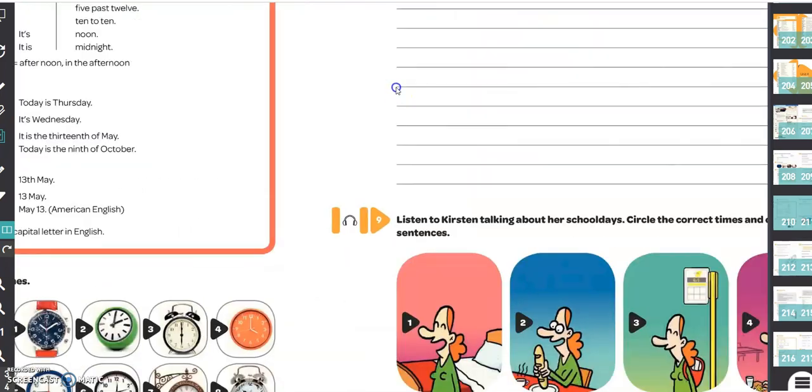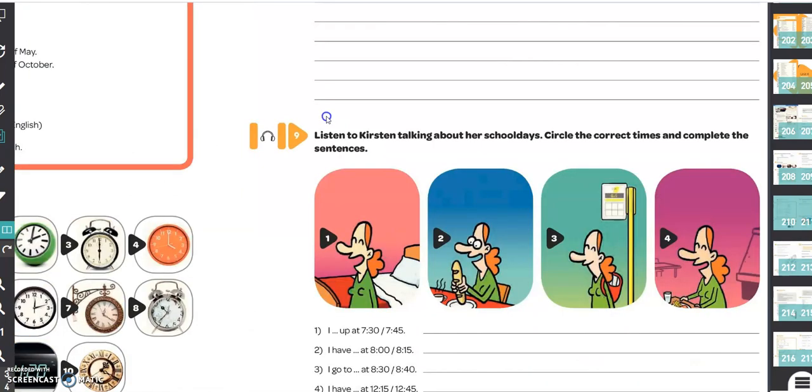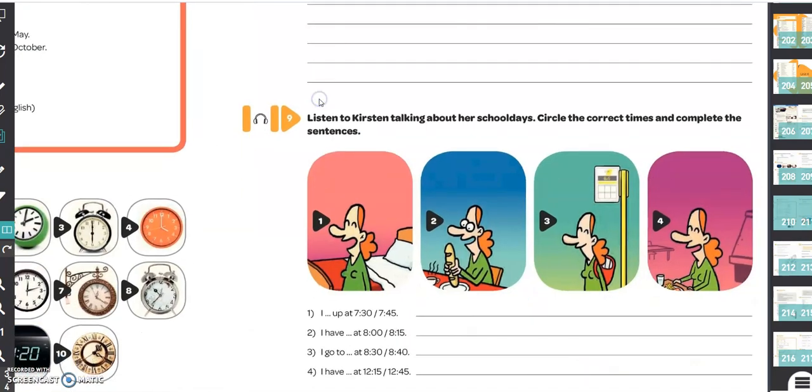Exercise 9. Here you have to listen. So you just go to your digital school diary, and there is a link. You can click on it, and then you go to Polpo. So listen to Kirsten talking about her school days. Circle the correct times. So here you have 2 options, and then complete the sentences.